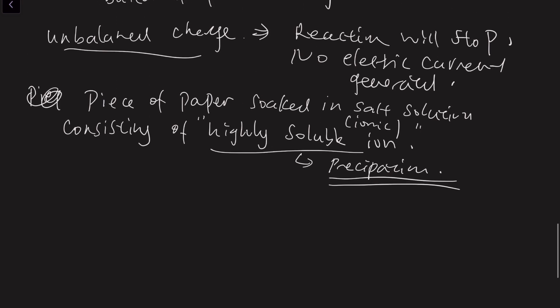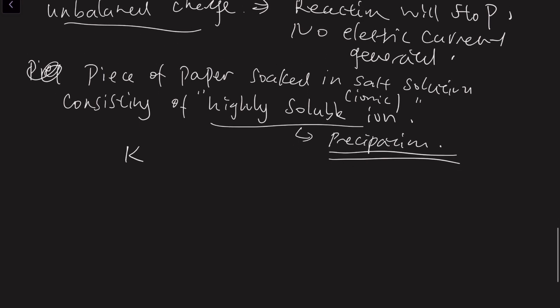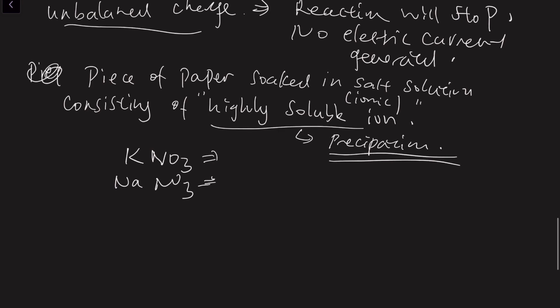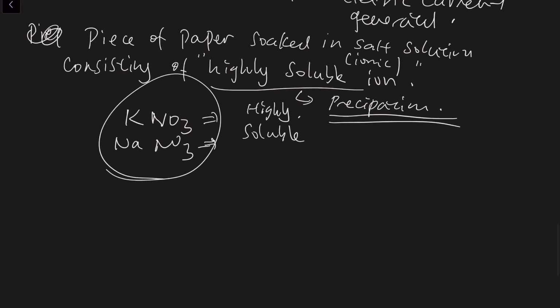So for a salt bridge, usually we want something like potassium nitrate or sodium nitrate. All of those are soluble, in fact highly soluble. So that's always the safe choice.